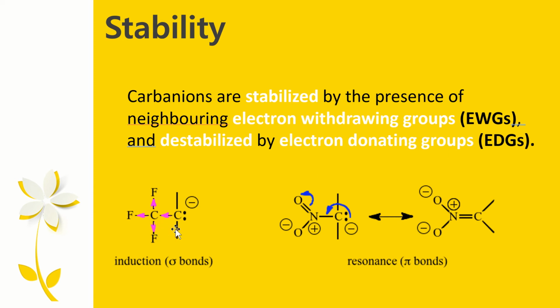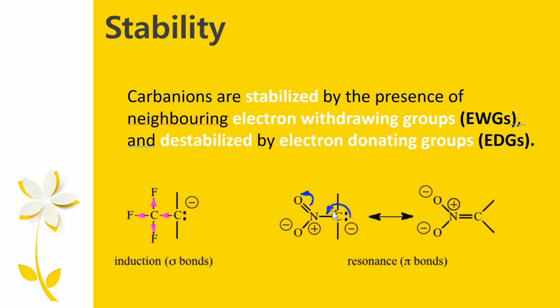Right, so here we have an image of induction versus resonance. So here we have our carbanion, right? And because this group is electron withdrawing, it will pull electrons to itself and therefore stabilize our carbanion. And it can also be stabilized by resonance. As we have seen in previous lectures, resonance has to do with delocalization of electrons.